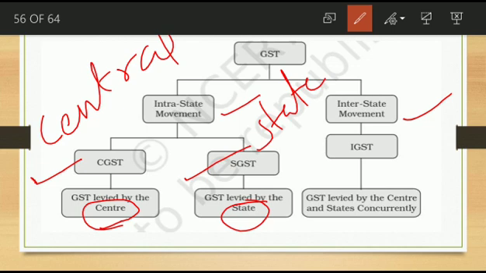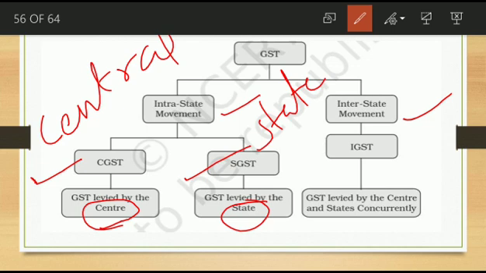The registered taxpayer pays half of the rate, that is 12%, half is 6%. 6% tax is paid to the central government, means it will automatically go to the central government account, and the other half, 6%, goes to the state government. That's the point. Okay, total tax is divided by central government and state government equally.